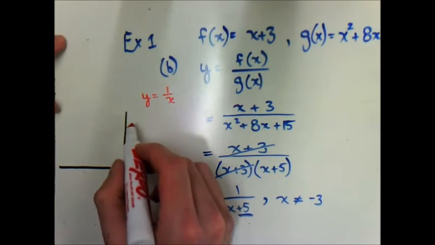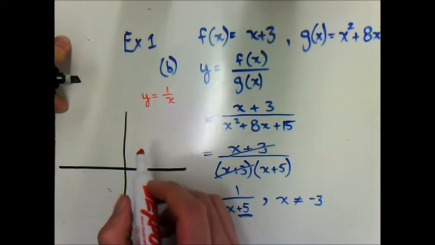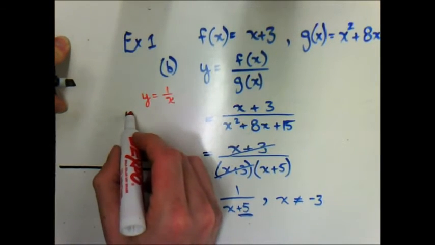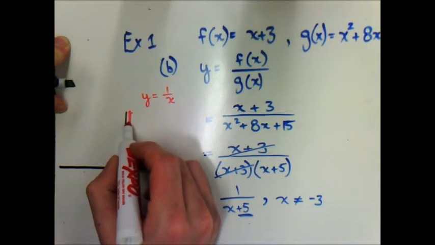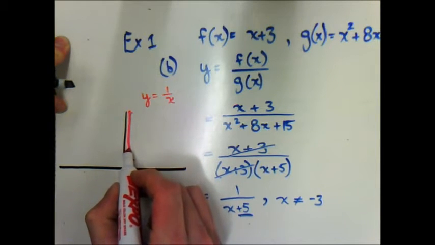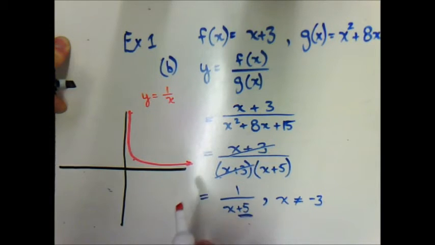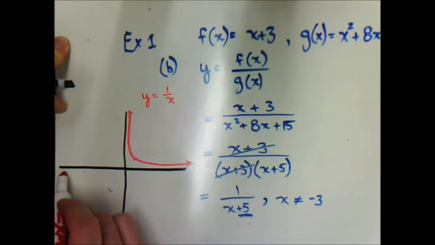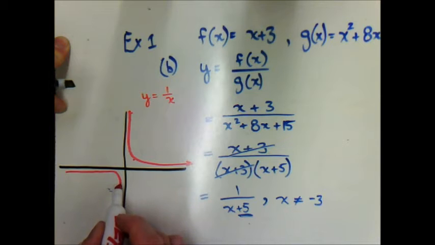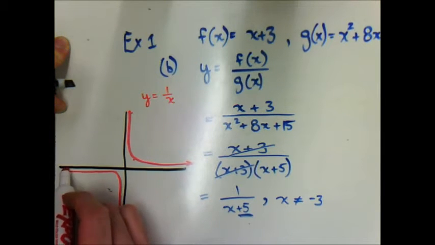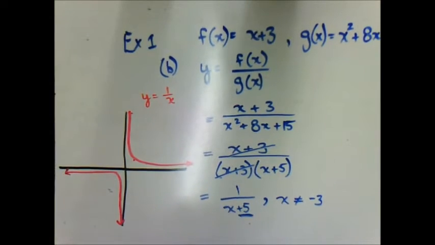So this goes through the point 1, 1, and it just comes down close with an asymptote at x equals 0 and one at y equals 0. And same thing in quadrant 3. That is the graph of y equals 1 over x.